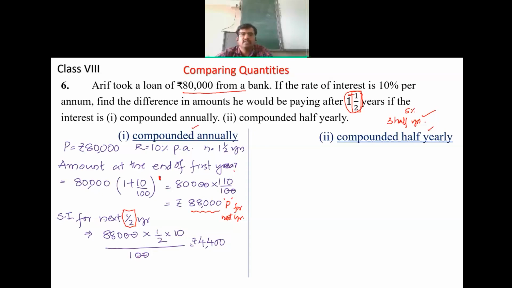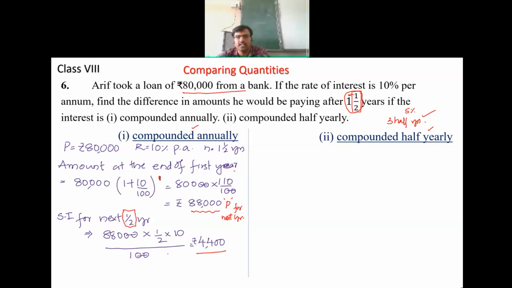Here also two zeros get cancelled, and we can make it 400. 1 into 10 by 200 and 1 by 2 divided by 100 are the same, both are same.